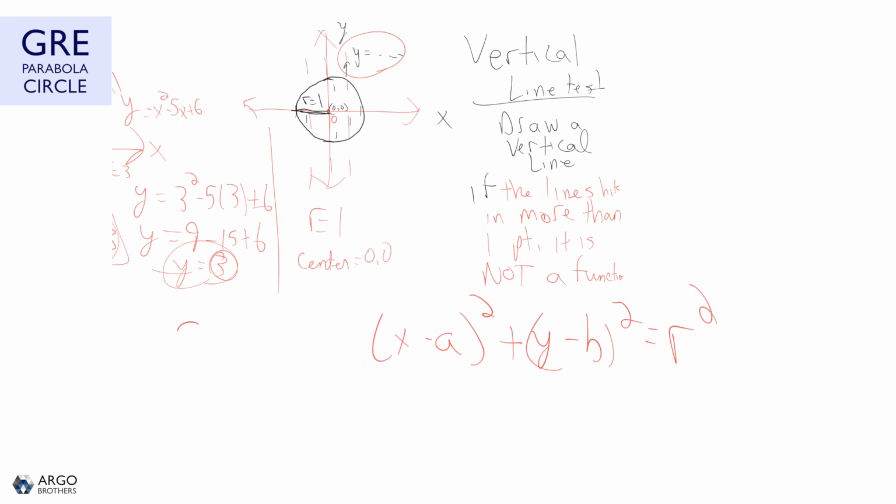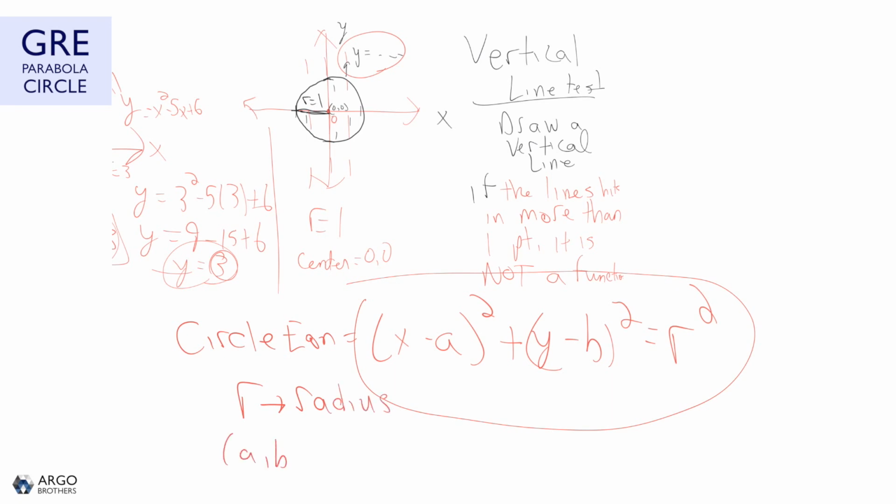But this is a circle equation. This is a general form, which means that any circle you graph will be in this form. This is all you need. So r is the radius, as we know, and a comma b, that is the center point.